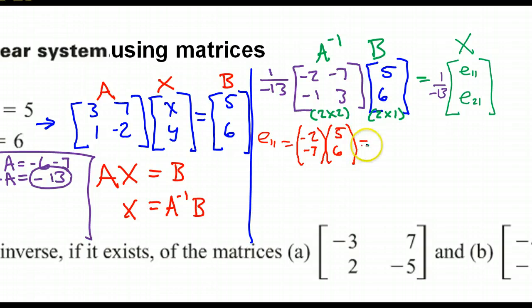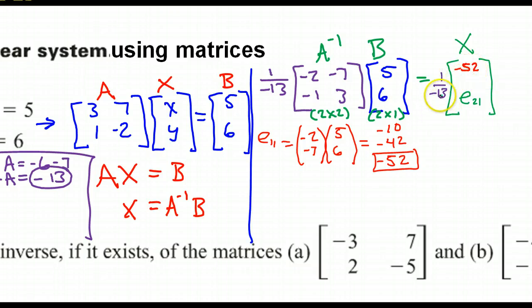That is negative 10 and negative 42. Put those together and I get negative 52. So that's element 1,1, and I'll put that in there. That's negative 52.